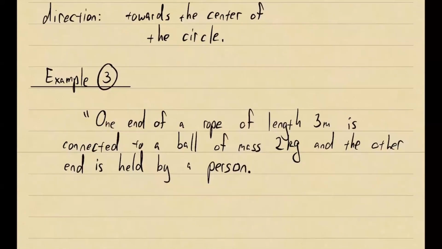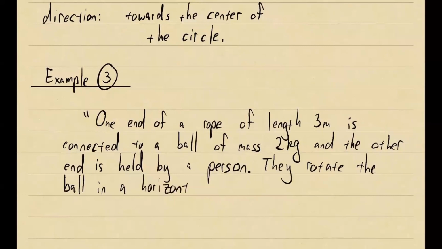They rotate the ball in a horizontal plane. So they're just swinging the rope and the ball above their head, and pretend like the circle is parallel to the ground.